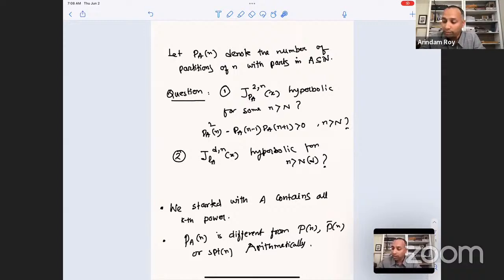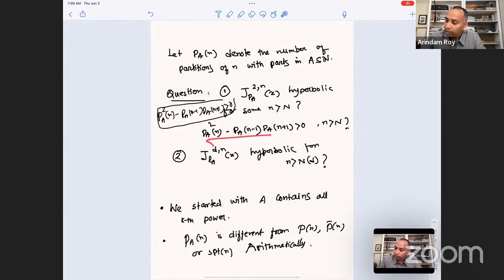So this is a general question, but the question will be more interesting: what kind of A will give you the hyperbolicity of degree 2, the degree 2 Jensen polynomial? So in other words, for what kind of set A are we looking at the fact that P_A(n) squared minus P_A(n-1) times P_A(n+1) is positive.